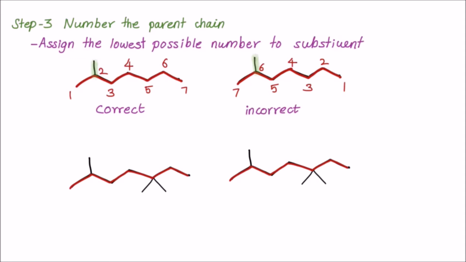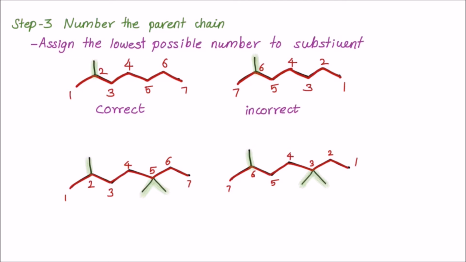They're all methyl groups, right? On the left side structure, I'm going to number the parent chain from left to right. And on the right side structure, I'm going to start my numbering from the rightmost carbon atom to the leftmost carbon atom of the parent chain.